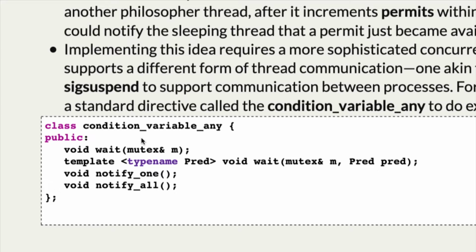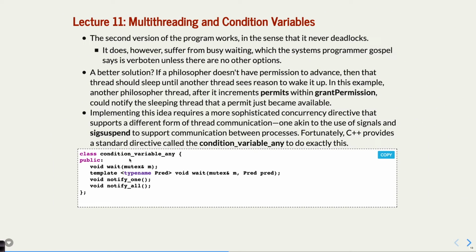That's how it works. And you might be asking yourself, why does it unlock? We'll see why it has to unlock. If it doesn't unlock while it's waiting, bad things could happen. It's just like why does sig suspend unblock the signals when it's actually waiting? Because it kind of has to in order for the rest of the logic to work. Okay? So does that start to make sense about how that works?